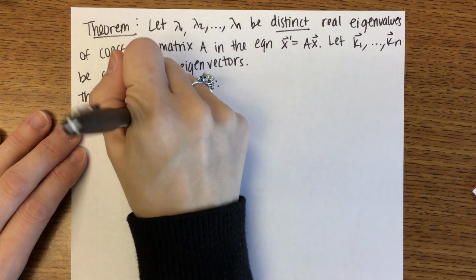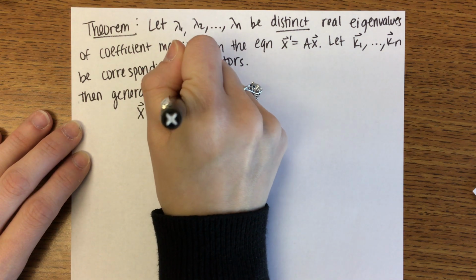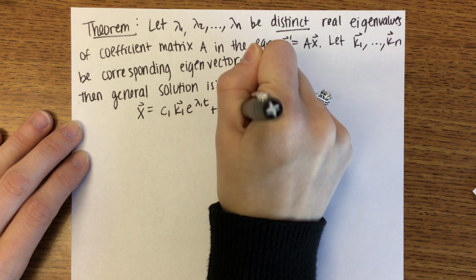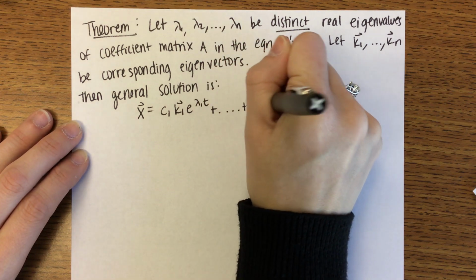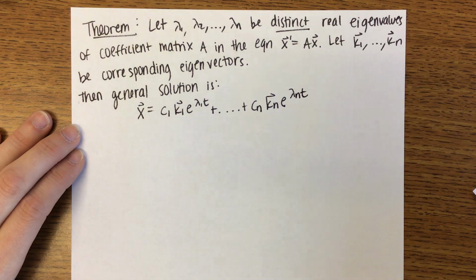So we're using the superposition principle. We get x is equal to c1 k1 e^(λ1 t) plus all the way to cn kn e^(λn t).